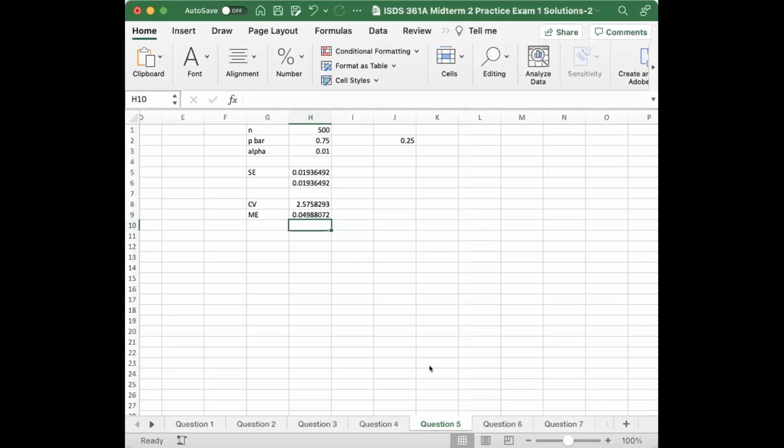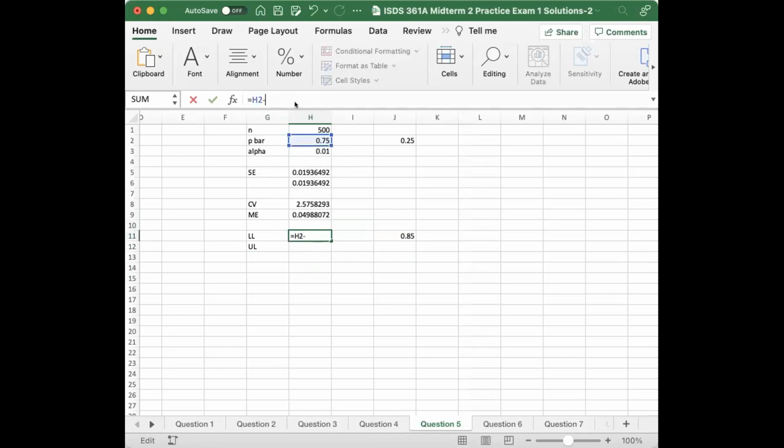I think it's very easy to see this through Excel. So let's go back to Excel. So let's determine what our upper and lower limits are, to determine if 0.85 lies within this range. So lower limit and upper limit. The way that we calculate our lower limit and upper limit, that's going to be our p bar.